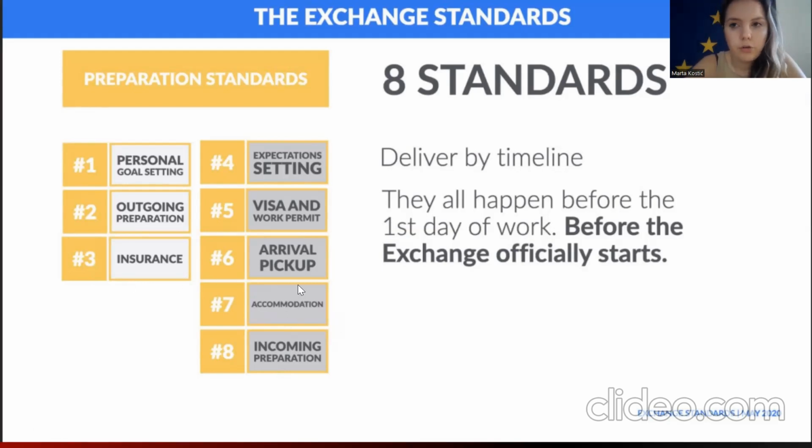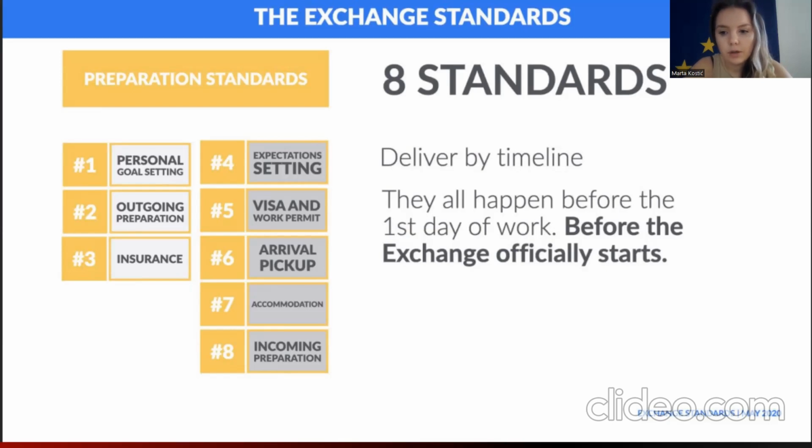Accommodation, they're also responsible for. We will go through it later, but accommodation is usually some dorm, host family, or something like that. And please, please, please, when you do meetings with the EP, set expectations that we don't offer luxury accommodation. The minimums that we should fulfill here are a bed and a bathroom.